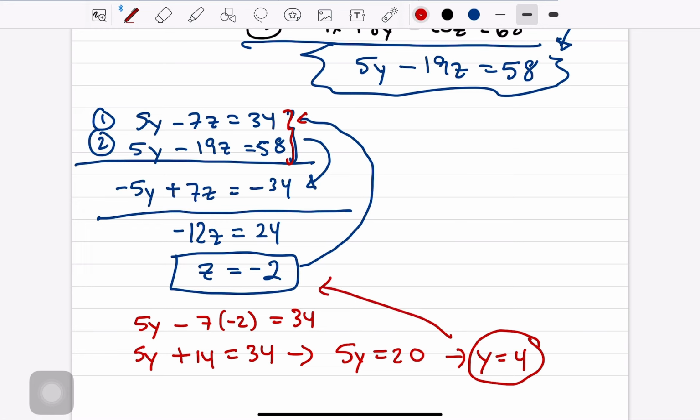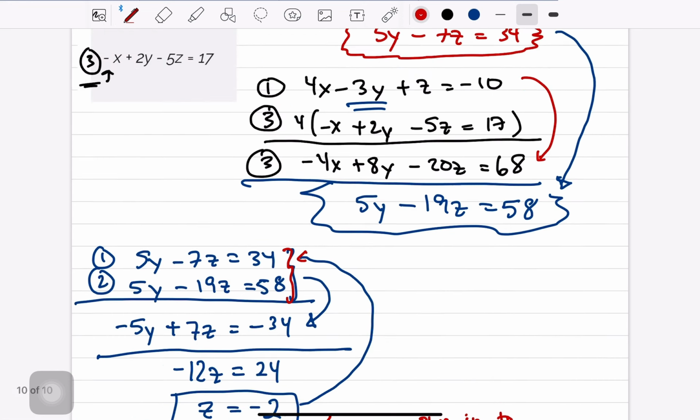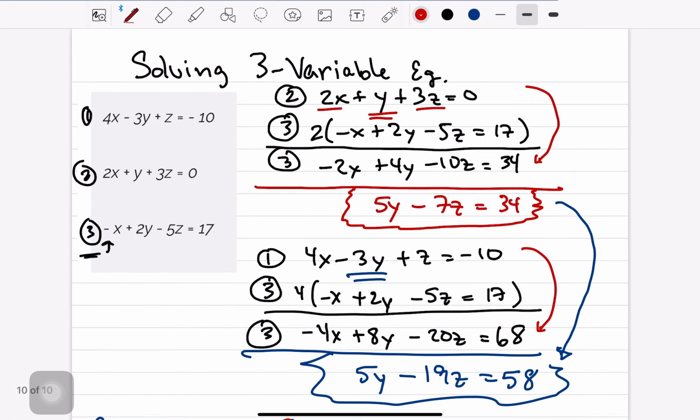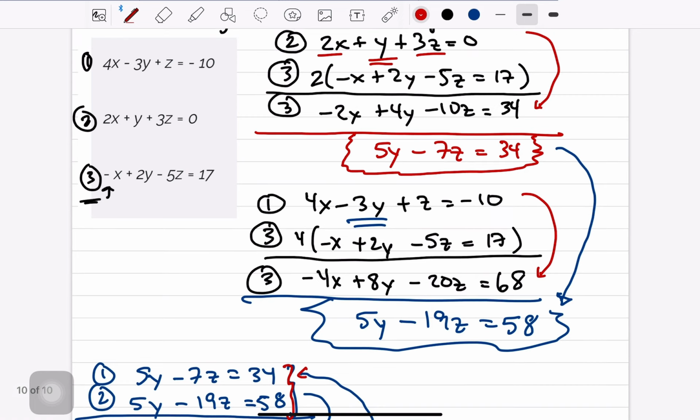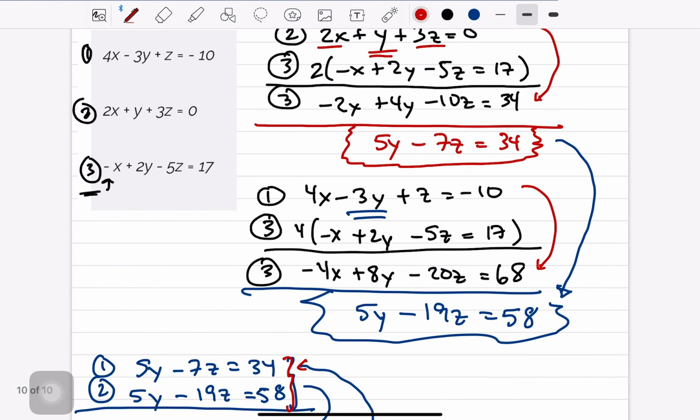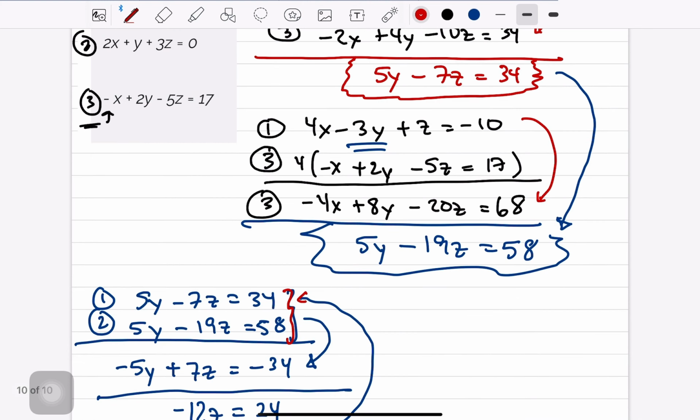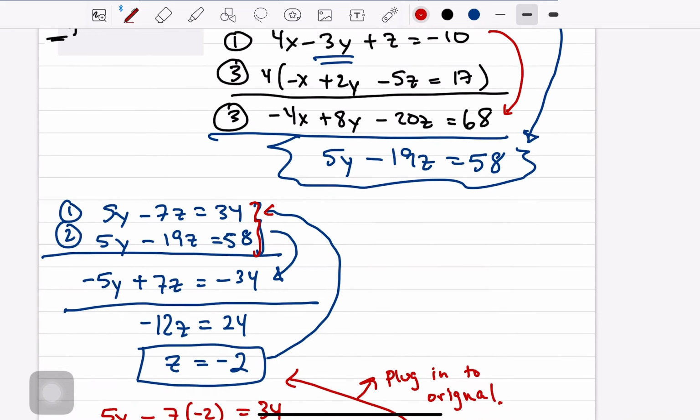All you want to do with these two now is plug back into the original three we originally started with, way at the beginning. Choose any one of these three to plug in y and z to get your x, and then you would be done. I'm going to plug it into my third one, because my third equation only has an x, so I don't have to do any crazy division at the end.